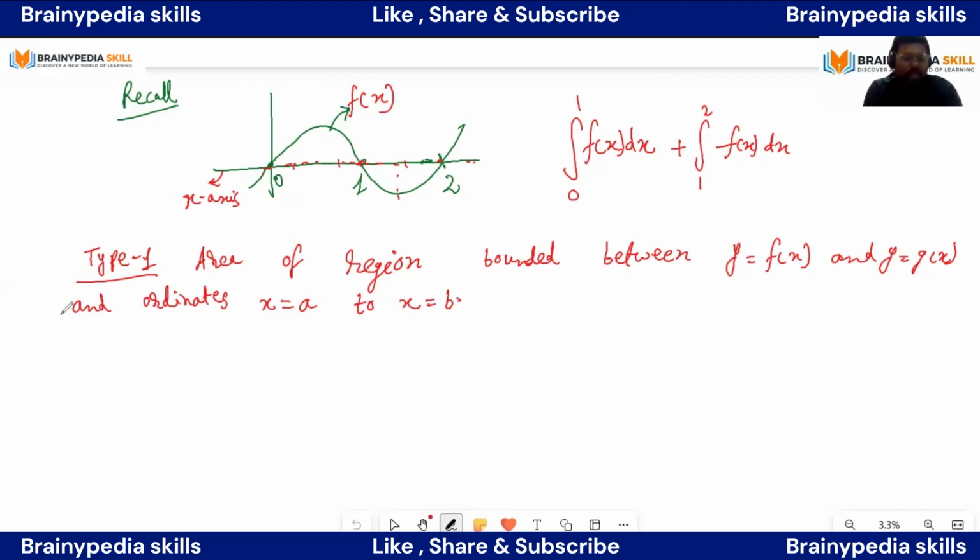How are we going to find it out? Let's draw the curve. Suppose the first curve is f of x and the second curve is g of x, with this portion at x equals a and this one at x equals b.